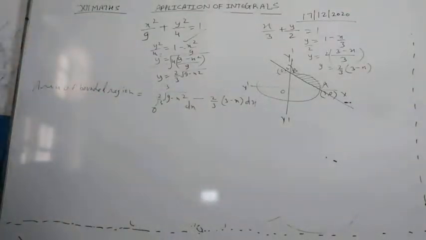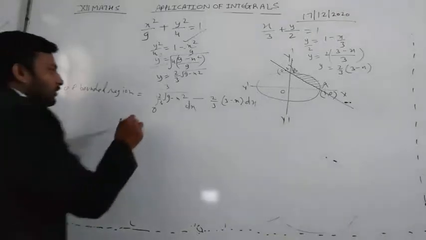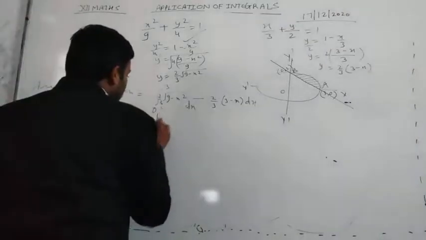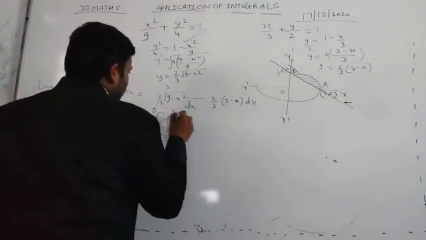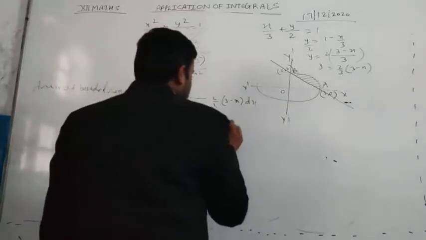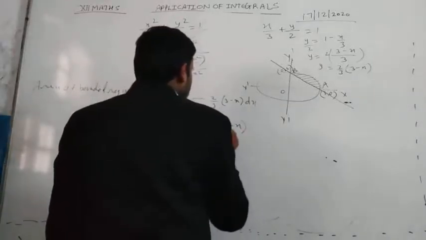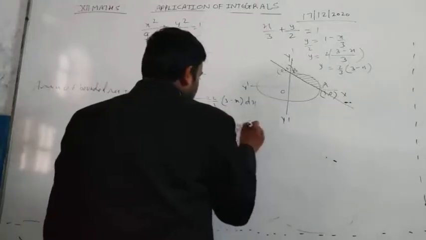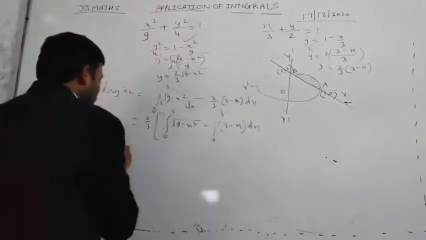Okay, I hope you understand. And now take this 2/3 outside. Our integration is from 0 to 3 of (√(9 − x²) − (3 − x)) dx.